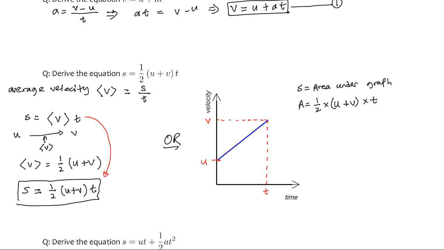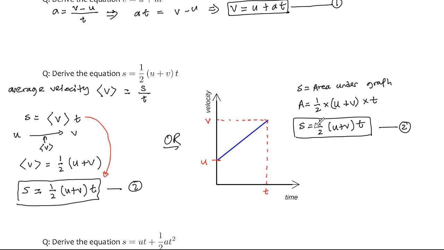And because displacement s is the area under the graph, I can just say displacement is equal to half u plus v into t, which is again the equation that I wanted. So you can use either of these methods to confirm the second equation, S is equal to half u plus v into t.